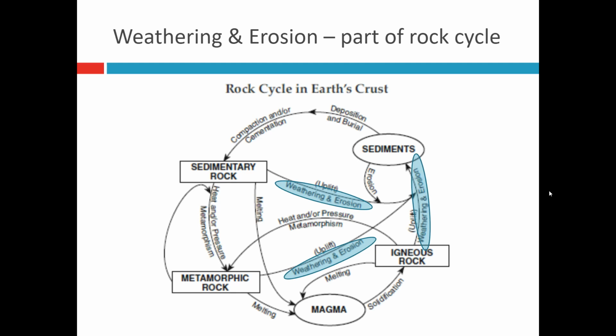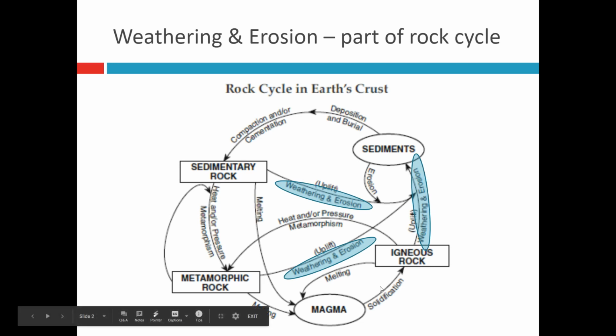The process by which we form sedimentary rocks really starts with the breakdown of other rocks. You have to break them down, you have to transport them, and we get what are called sediments, which are located right here. So in order to make sediments for sedimentary rocks, you need to start with these processes. So we're going to kind of go back to what we were talking about a long time ago with the evolution of rocks, the rock cycle, and this is the beginning of the whole thing.